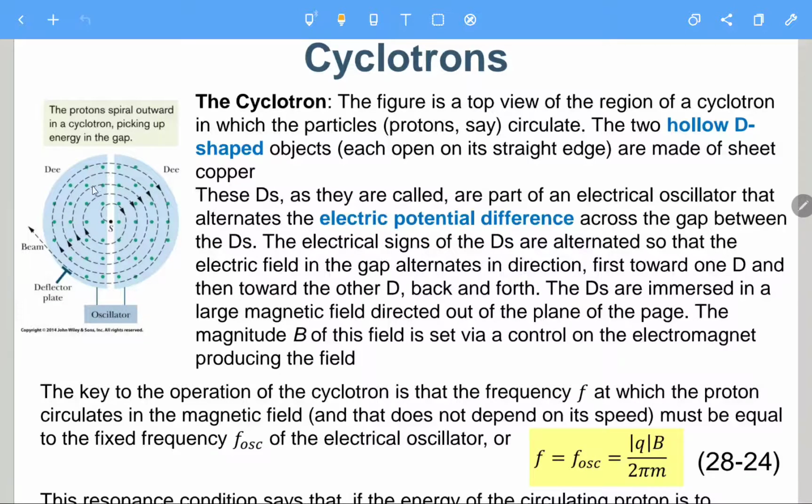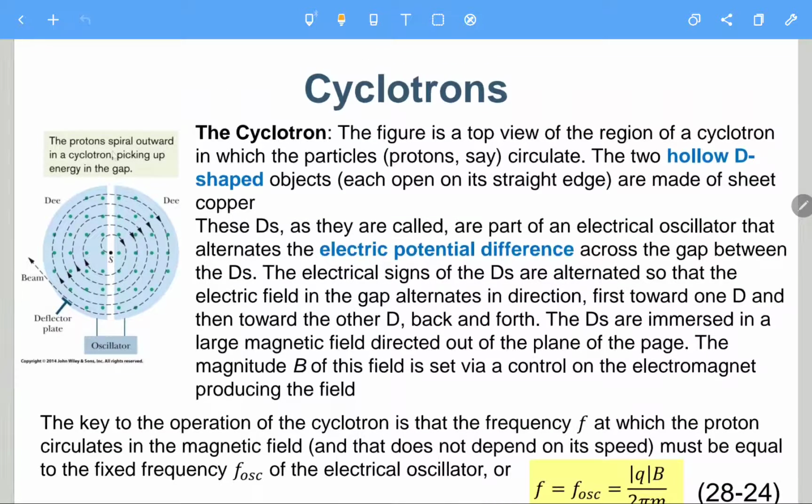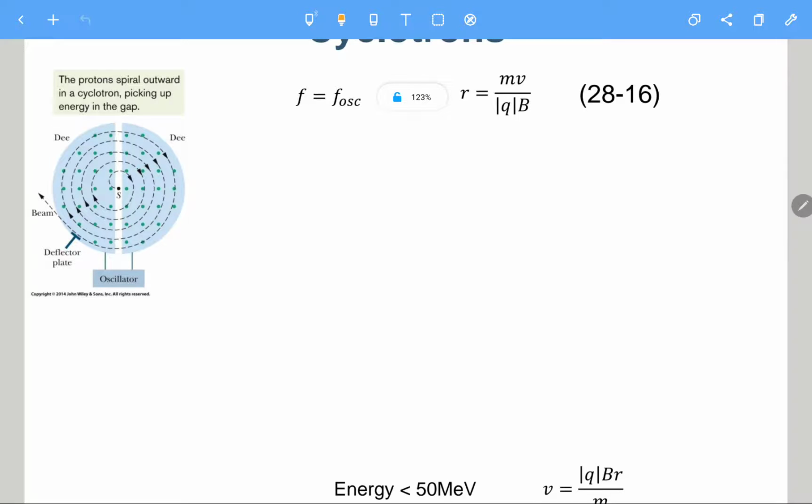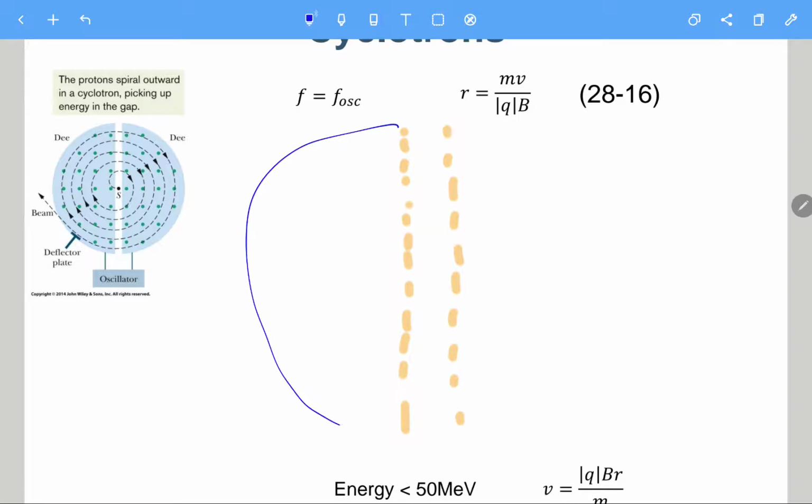So that in these two regions, the particle will have a circular motion. But there is a gap in between. Maybe I can draw it here in a larger way. So we have a gap in between, and we have a D shape, which is two half circles.